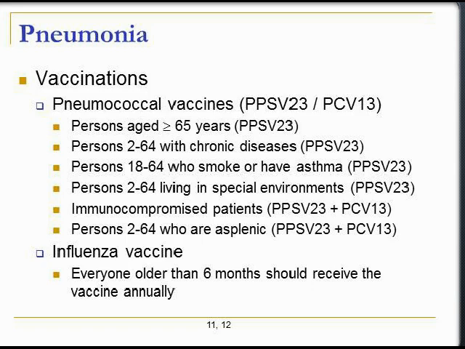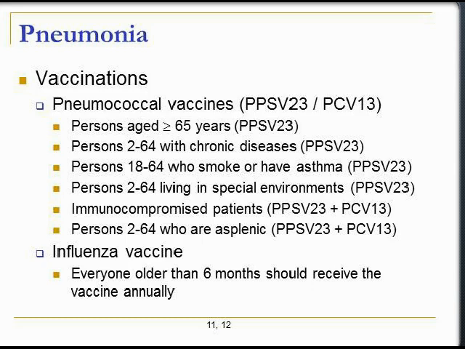The vaccine information is on page 11. It's now recommended that these patients should receive a vaccine: anyone 65 and older, or those with chronic diseases that are younger than that. Any adult who's a smoker or who has a history of asthma, any living in special environments, and I have those listed a little more, I believe, in the handout, and then immunocompromised patients and patients without a spleen.